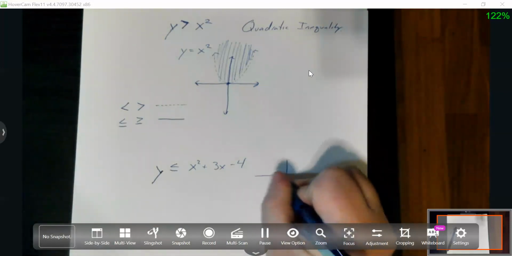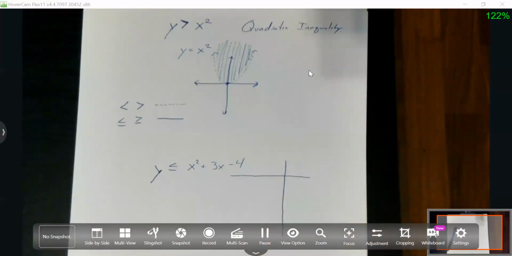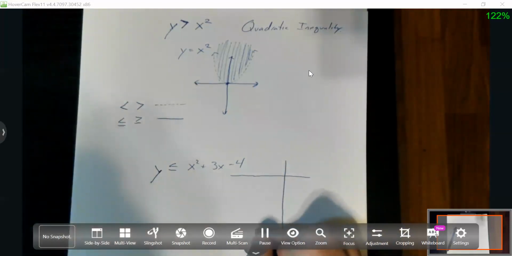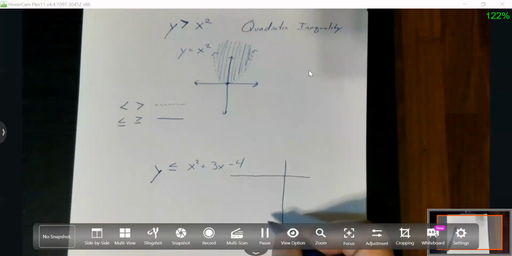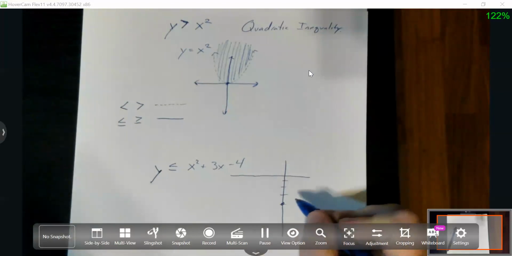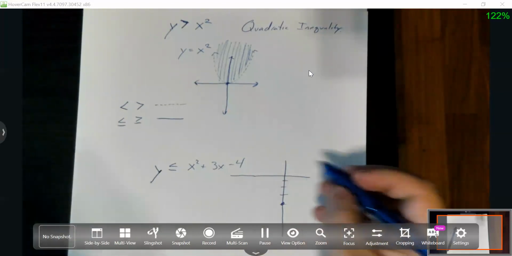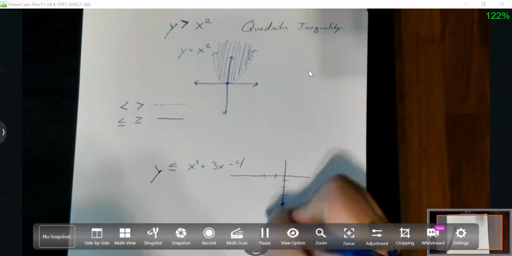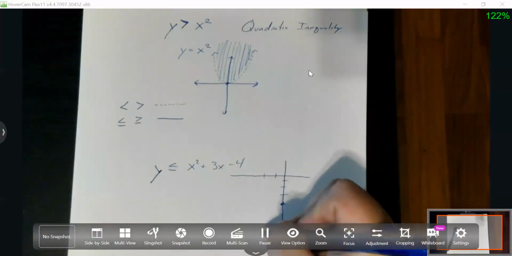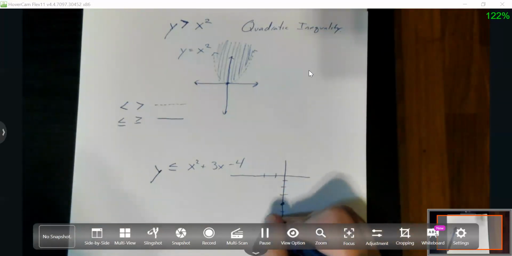When we go to graph it, we'll end up with something that looks roughly like this. It comes down pretty far. It's going to intercept over here at -4. The vertex is down around -0.5, somewhere around here, and about like 6 point something, 5, 6.